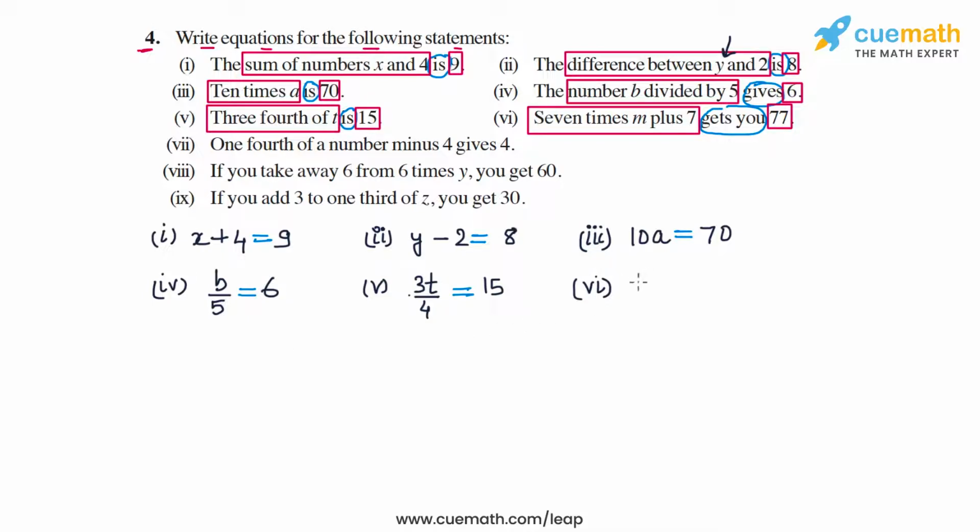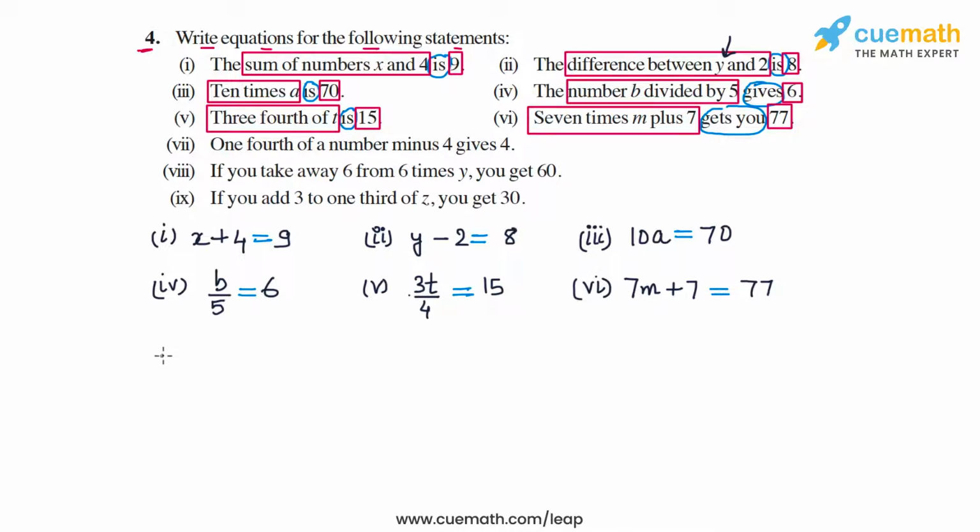Now 7 times m plus 7 can be written as 7m plus 7, right? 7 times m is 7m, and then plus 7 you write plus 7. So you get the LHS as 7m plus 7, and the RHS is 77, and you equate these two, and that's your equation for part 6.